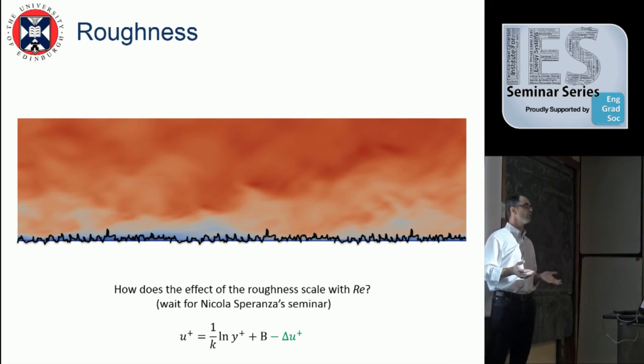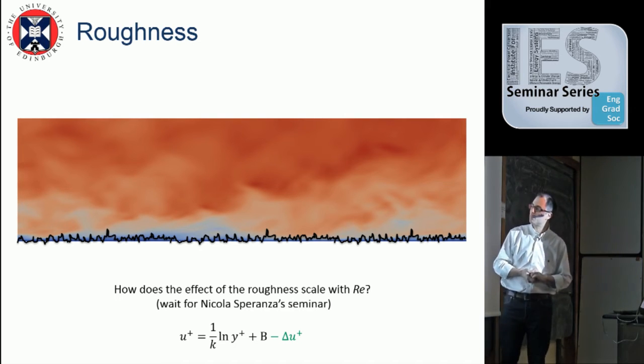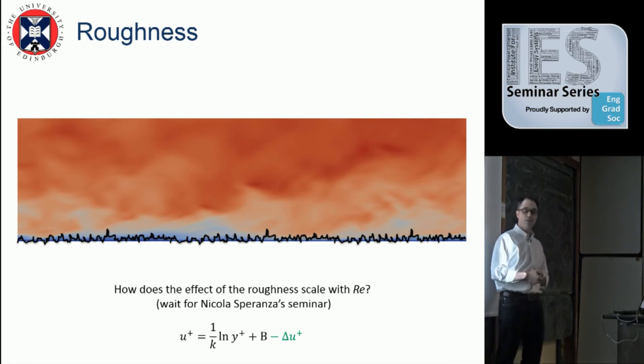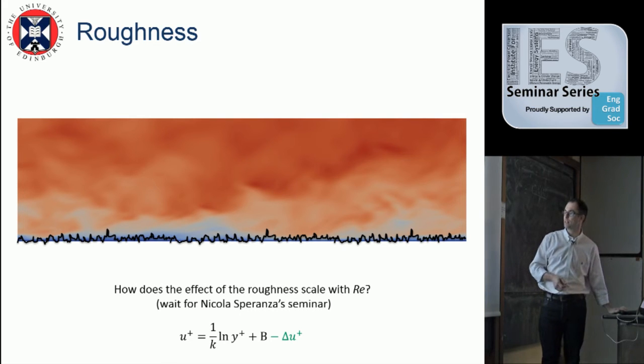So the effect of the roughness is basically to translate your entire velocity profile up and down in non-dimensional units. This component represents a parameter which is due to the effect of the roughness. But how this parameter varies with the Reynolds number is not known, and it's one of the aspects that Nicola is interested in working on.